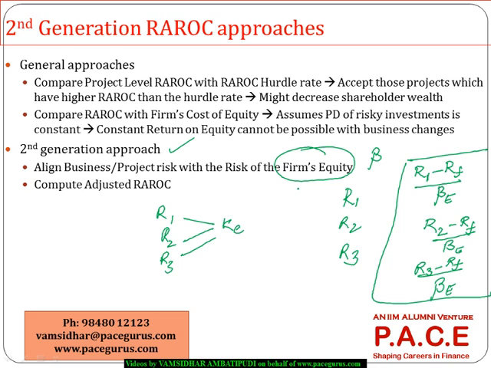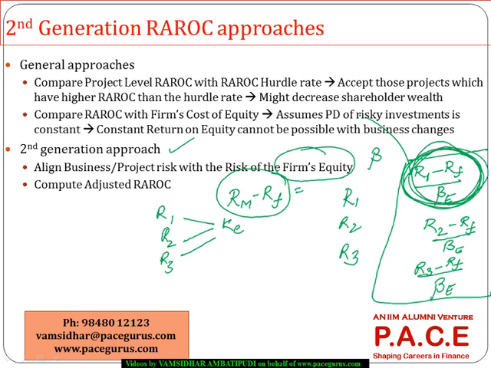Now, according to me, this should be better than the risk premium, RM minus RF. So if this project is generating an RAROC which is greater than this one, we accept that project, otherwise we reject it. This is the return that is generated by your project.